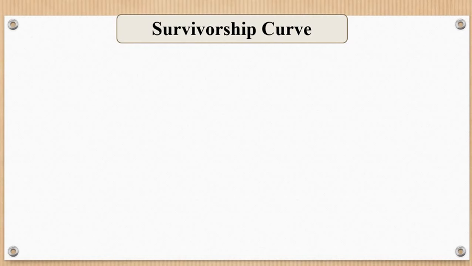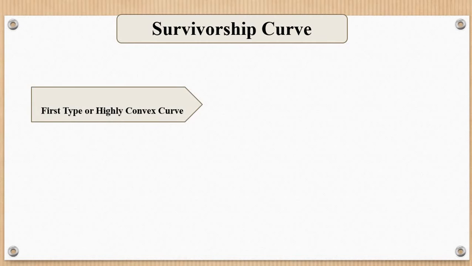So it means that the time between any particular age and the time of death of all individuals in an age group will remain the same. It is just a consideration, right? There are a number of different types of survivorship curves. First type, second type, third type, or highly convex, and like that.